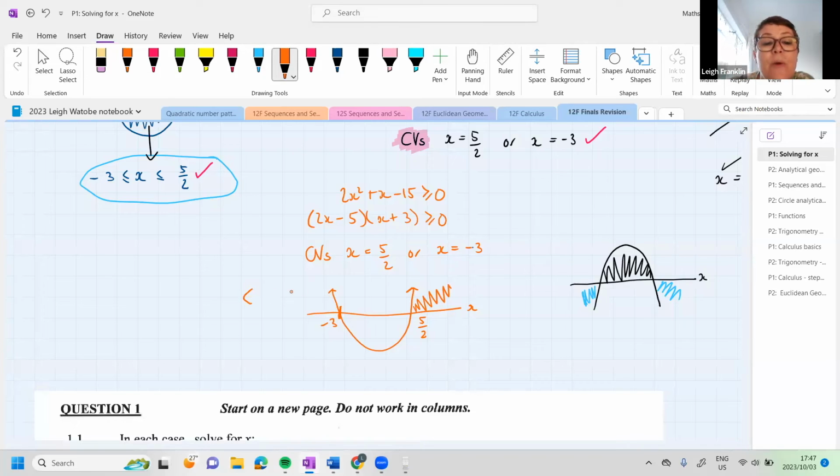That's why this will be where x is smaller than or equal to -3, or where x is greater than or equal to 5/2. So then you cannot write it as a between. You have to say smaller than the smallest x-intercept or bigger than the bigger x-intercept. Does that make sense to everybody?